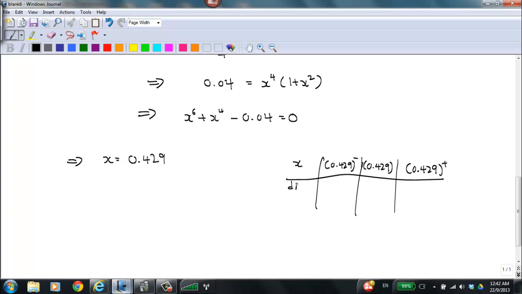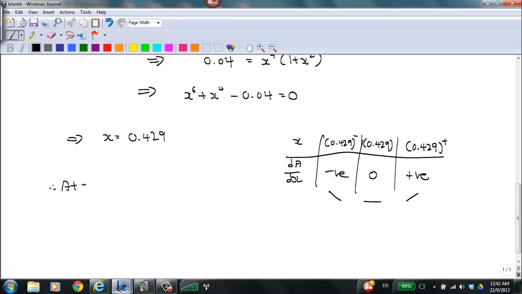For x, the dA/dx will be 0, positive, negative. Okay, no, it's actually negative, positive. So therefore at x equals 0.429, A is minimum.